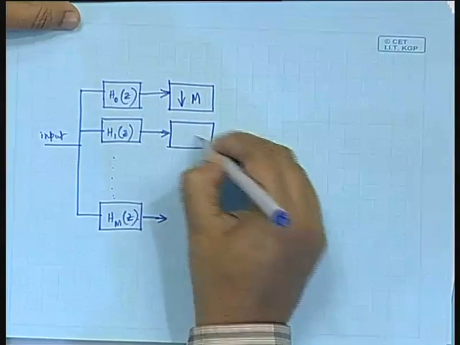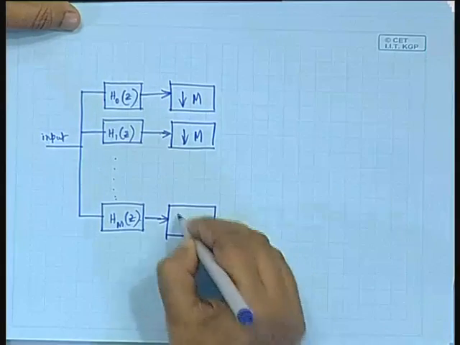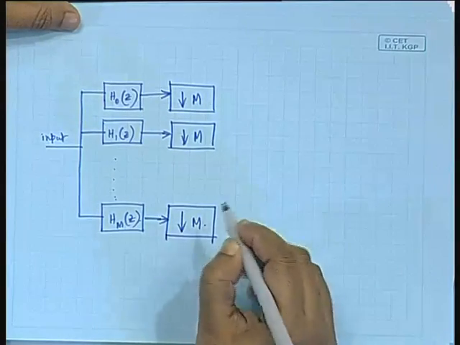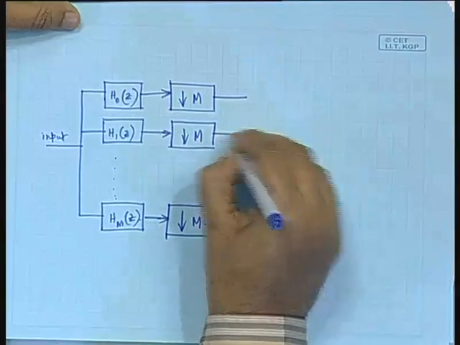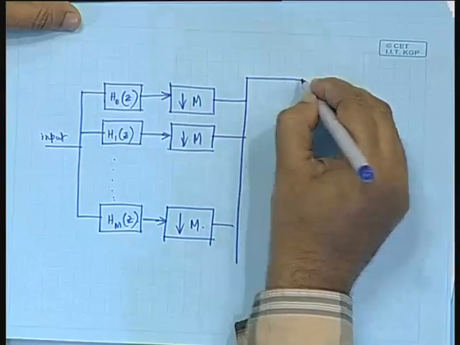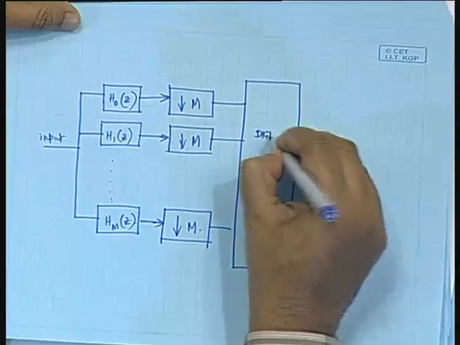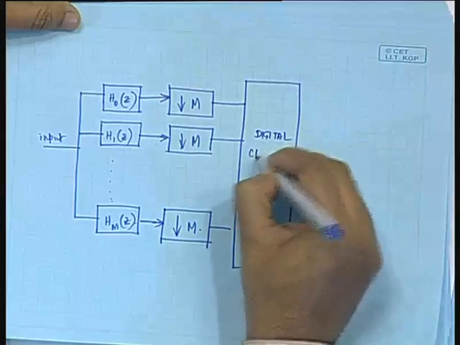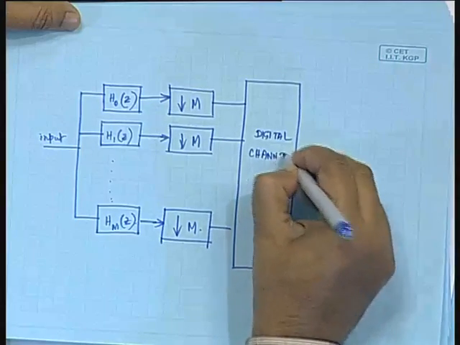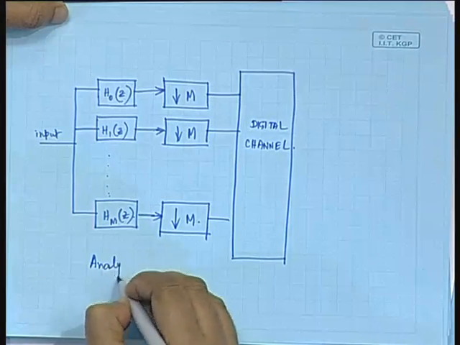So, downsampling by m, that we have to do for all these filter banks, and then it goes into the digital channel. So, this is the encoder part, or rather the analysis part. This is the analysis filter bank.